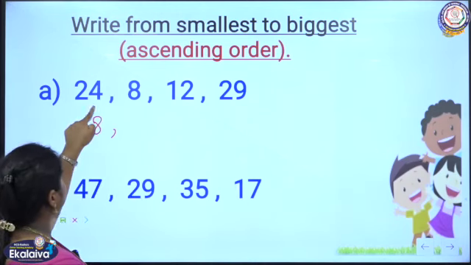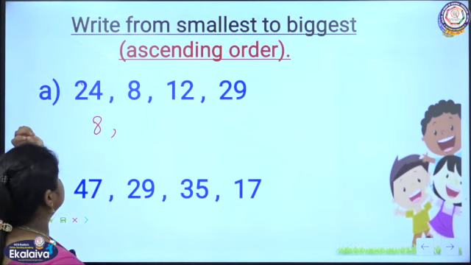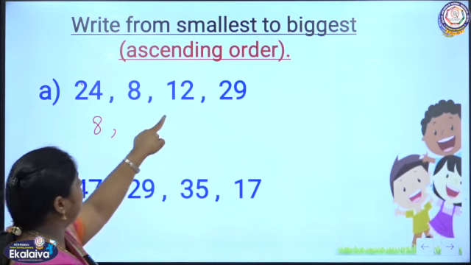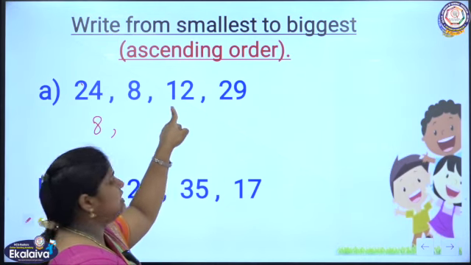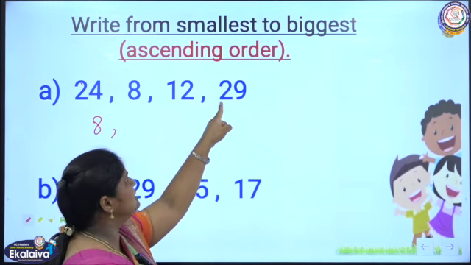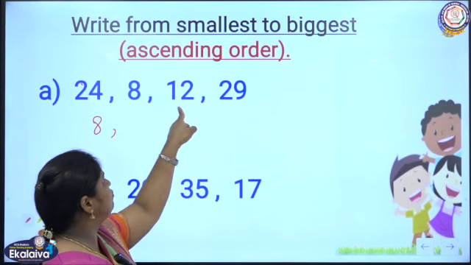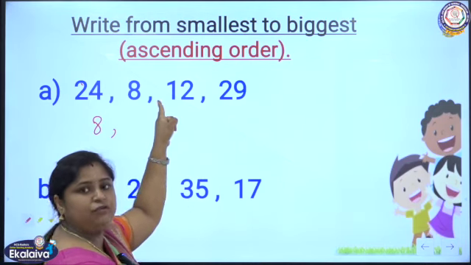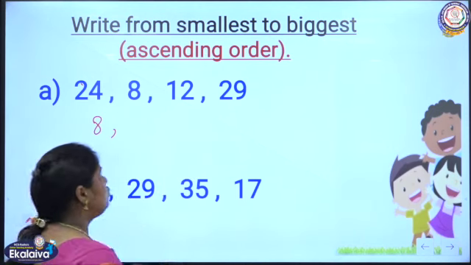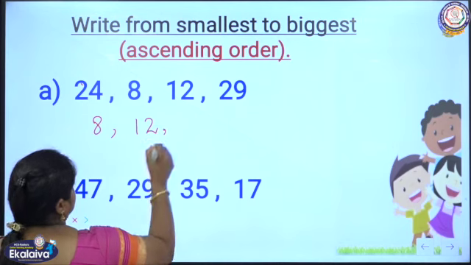See, this is ones place, this is tens place, isn't it? In the tens place, what number is there? 2. Here 12, what is the tens value? 1. In this, the tens value is 2. So it is clear that 12 has the tens value 1, so it is the smallest among these 3. So I am going to write 12 next to 8.